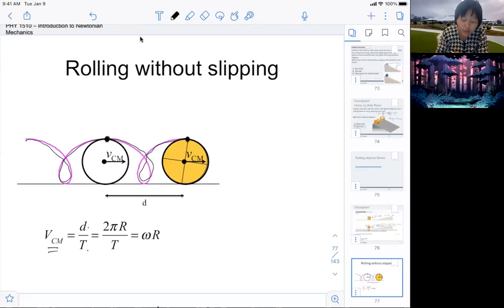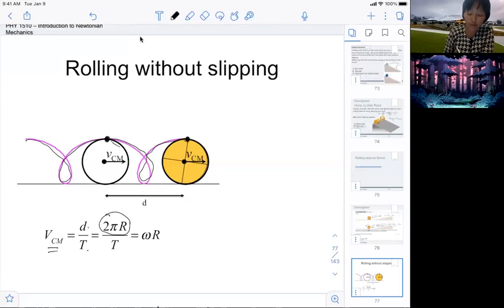And you can see that if it is rolling without slipping, the bigger the bicycle wheel, the longer the distance it will cover after you turn it for one round, because that one entire turn is going to be the circumference of the wheel. So the distance it moved forward is going to be the circumference of this object. If we follow this object, you can see that it goes all the way around back to the spot, which means it has traveled one circumference, and that's also the distance it traveled forward.